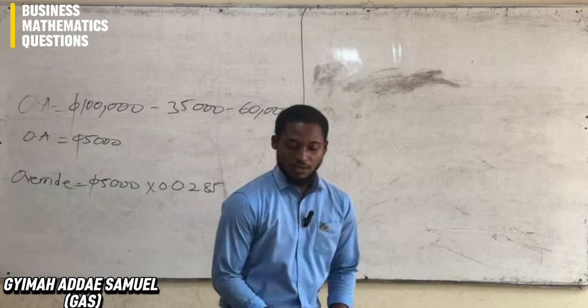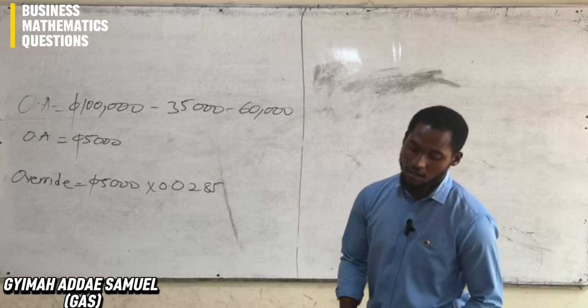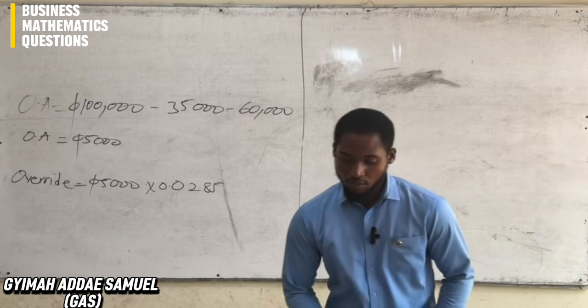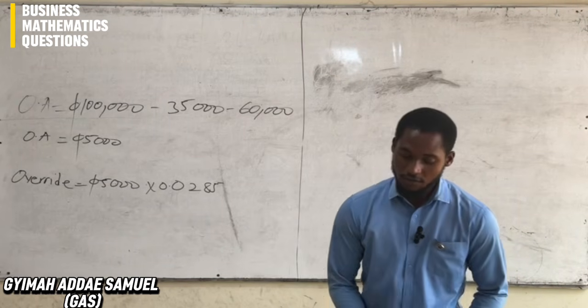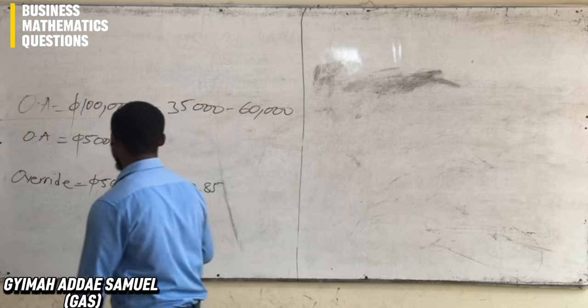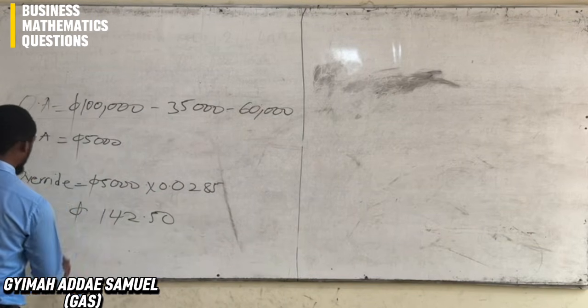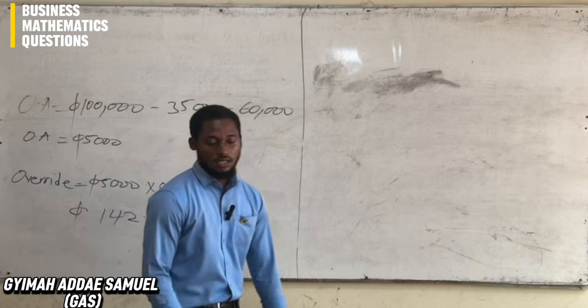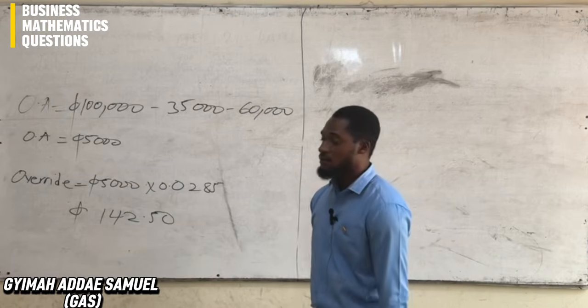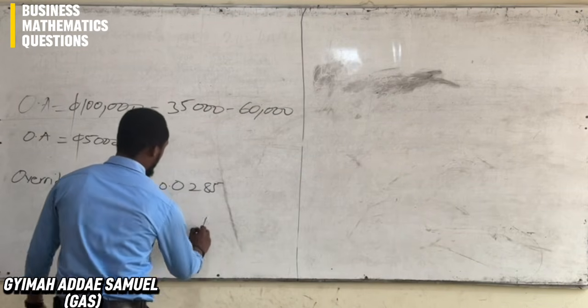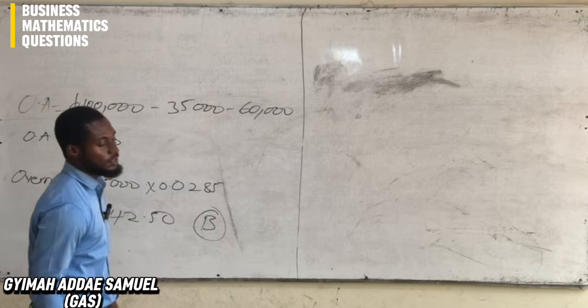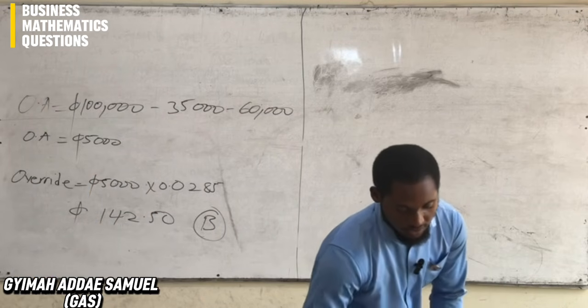And when we do so, we are getting 142.50 Ghana cedis as our override. So therefore, the answer for question 9 is B.